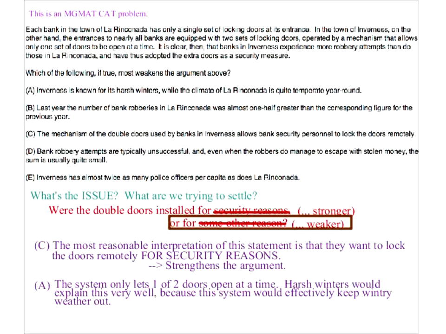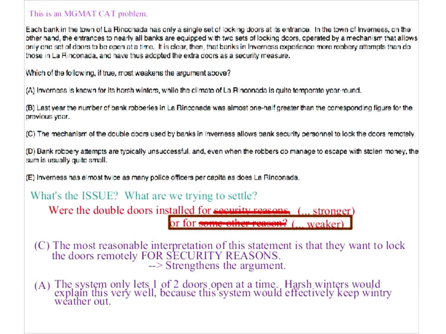The locking part doesn't affect the weather thing, but the fact that only one of two doors opens at a time is totally well explained by this in a way that has nothing to do with security.